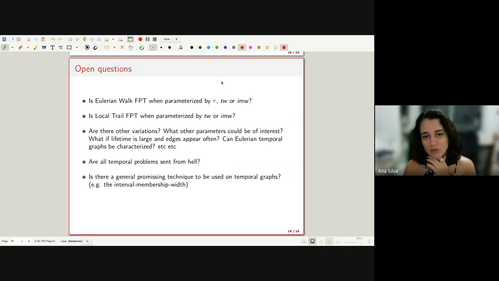So the lifetime, for instance, is very bad here. Most of the problems are already hard on trees, and a promising approach is the one introduced by Bumpus and Meeks. So why not try that more? The interval membership width could be a good candidate here.